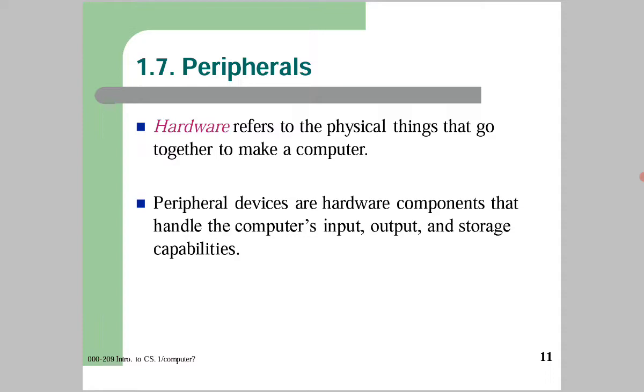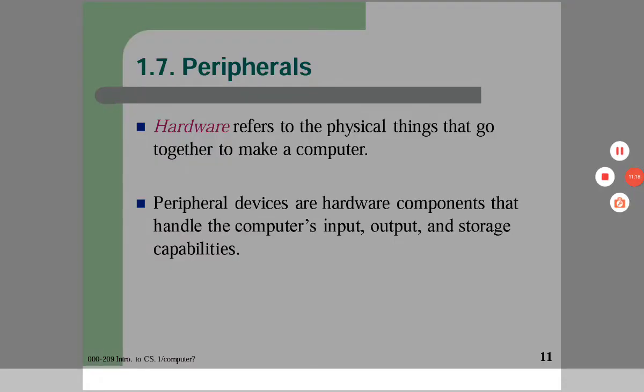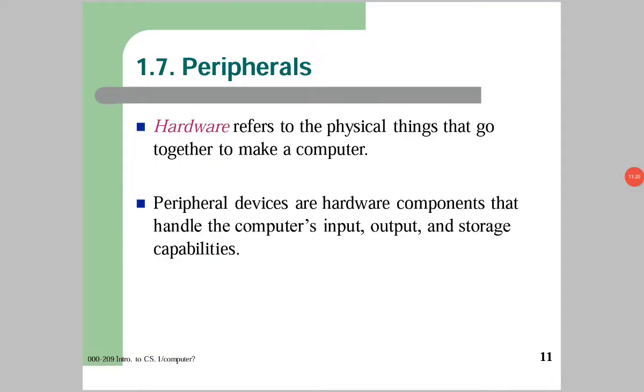Hardware means the physical devices connected to a computer. Peripheral devices are hardware components that handle the computer's input, output, and storage capacity. So generally hardware devices are input devices, output devices, and storage devices like that.